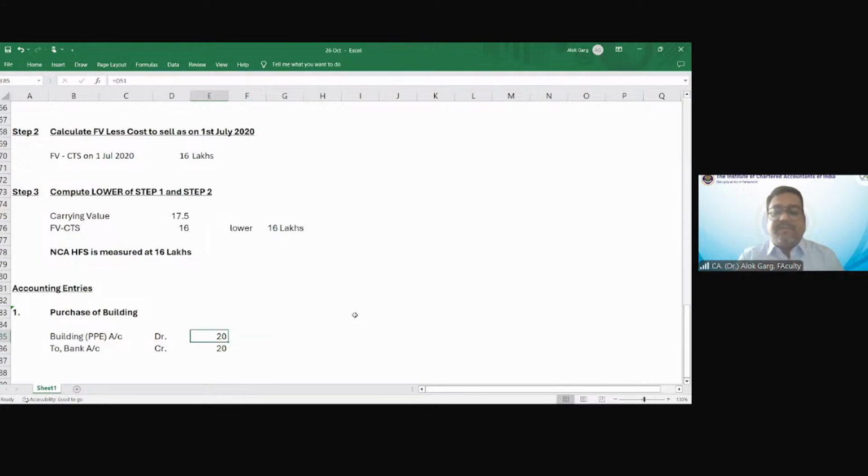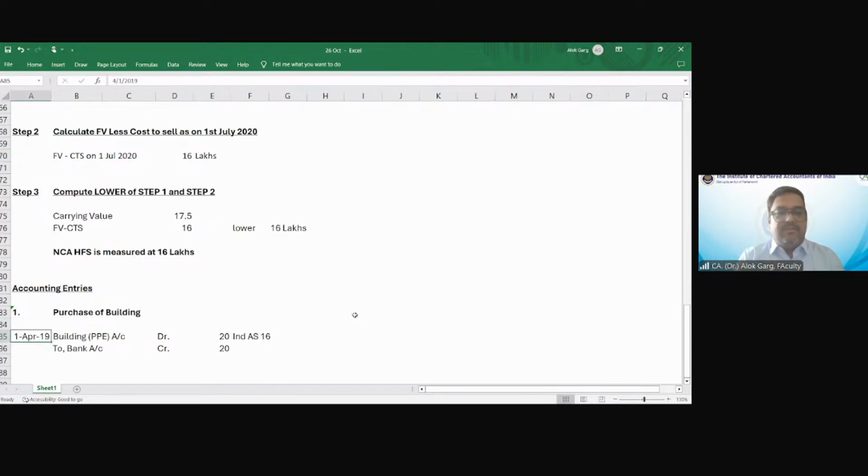This was the Ind AS 16 accounting entry, and the date was 1st April 2019.